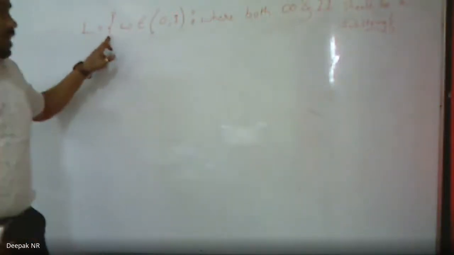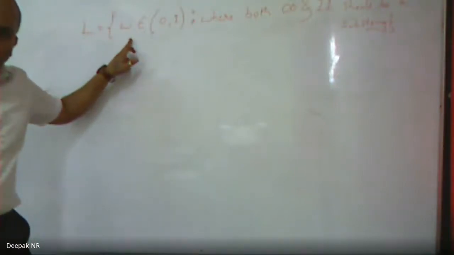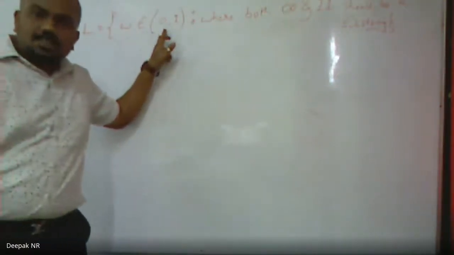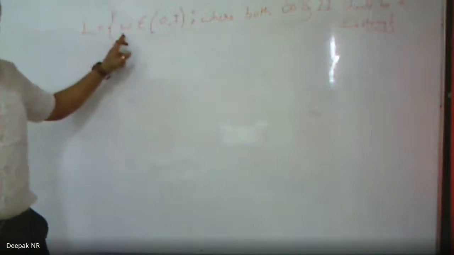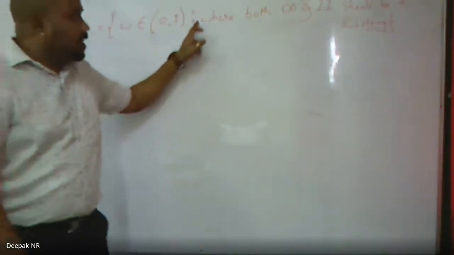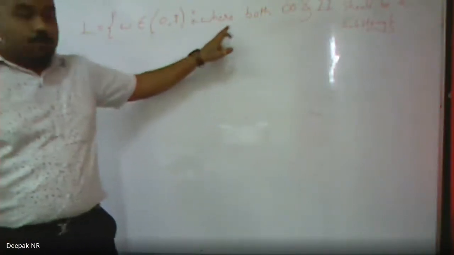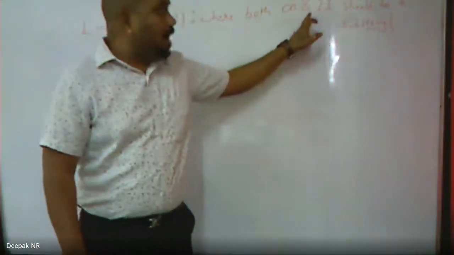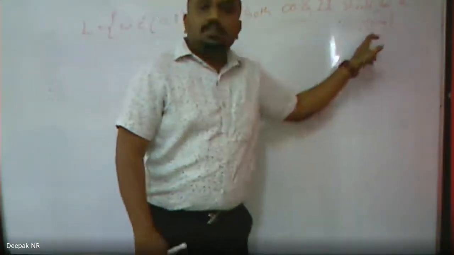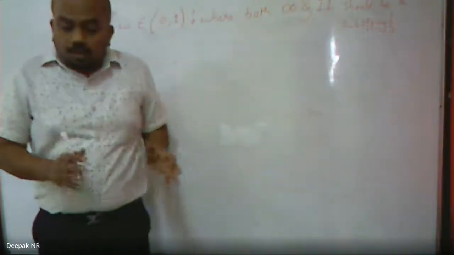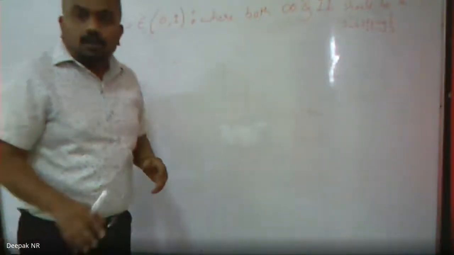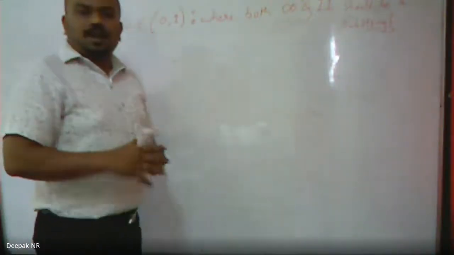A language L has words over the symbols 0 and 1, such that both 0 0 and 1 1 should be substrings.